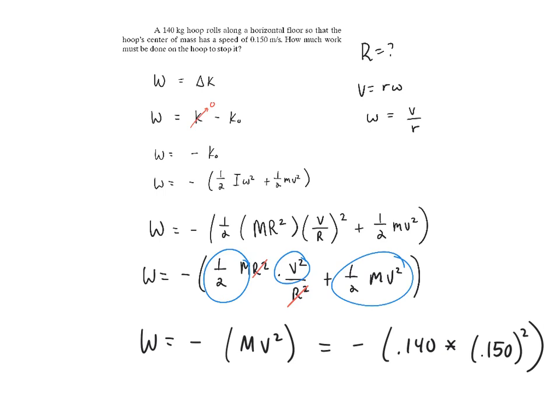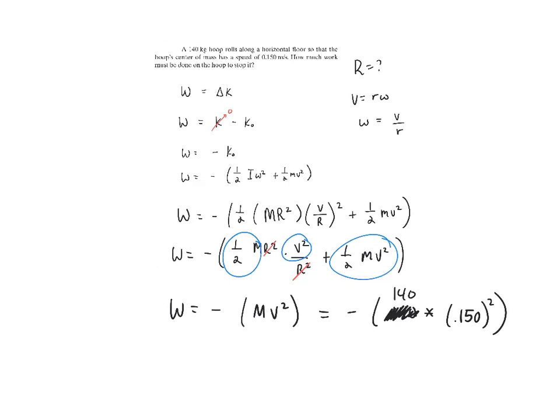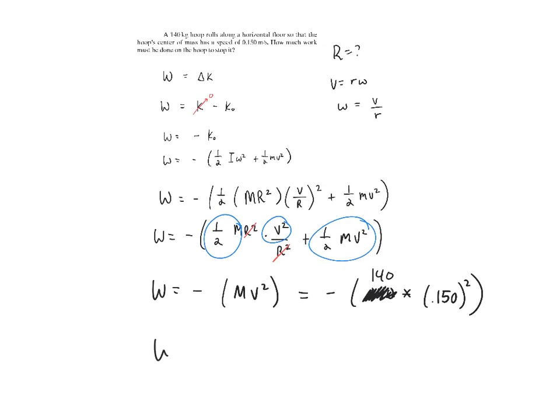I have a value written down for us already. Negative 3.15. Oh, wait, is this 140 kilograms? Sorry, it's not 0.140, it's 140 kilos. I thought it was written as grams at the top there. Okay. Negative 3.15 joules.